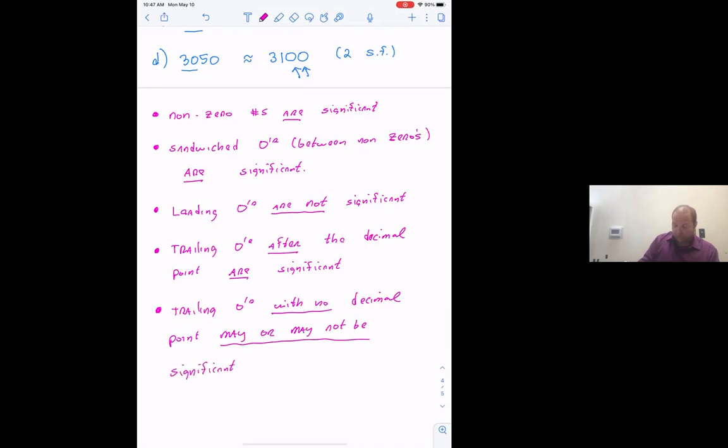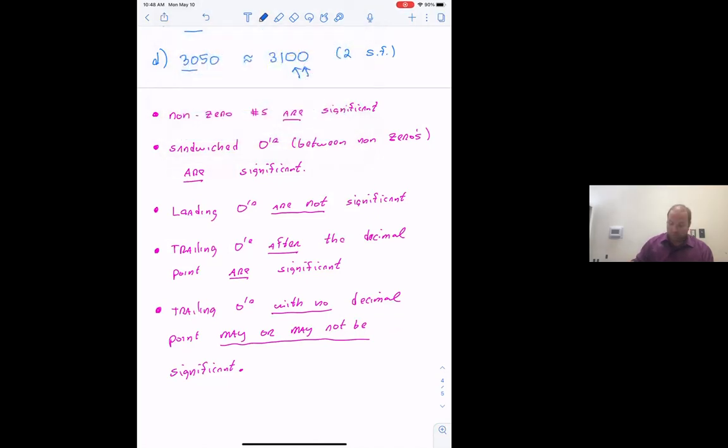Now, this may or may not be significant is problematic because we don't want to have any vagueness when it comes to significant figures. And this is what I mentioned earlier about the concept of scientific notation, which removes this ambiguity. But for now, we have these 5 general rules.